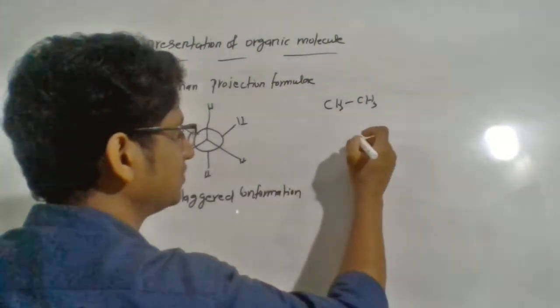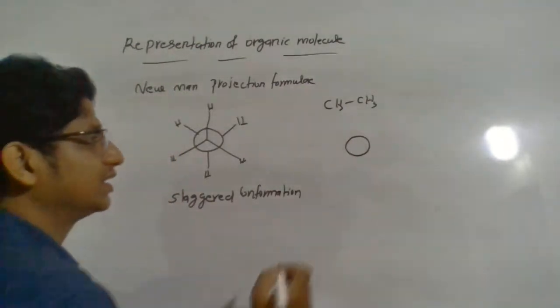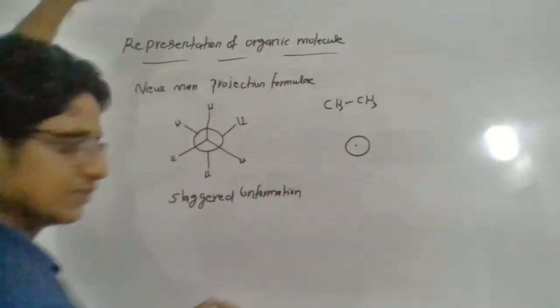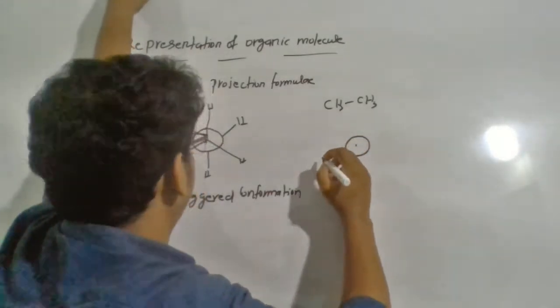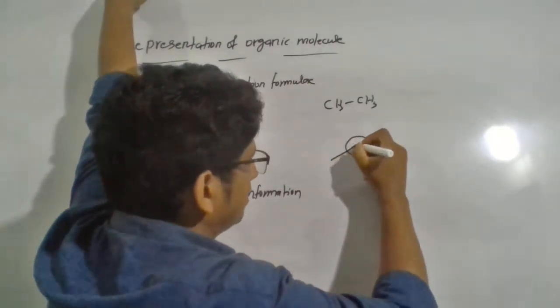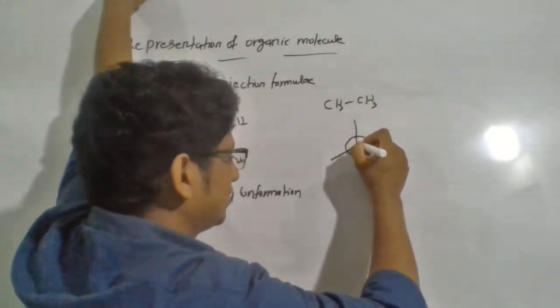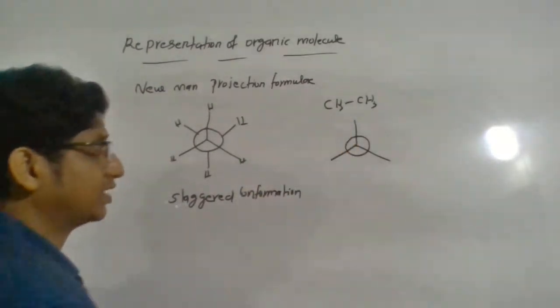Next one is eclipsed, where again one of the carbon atoms is a circle. Next I am drawing like this, where you can draw this one part that is fixed. You can say that's the nearer carbon atom, so that is fixed.